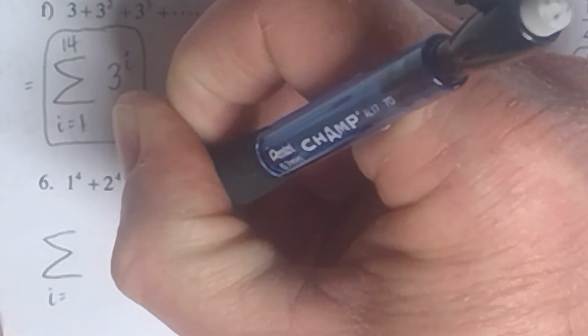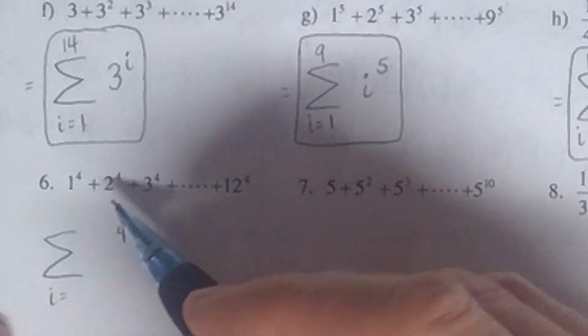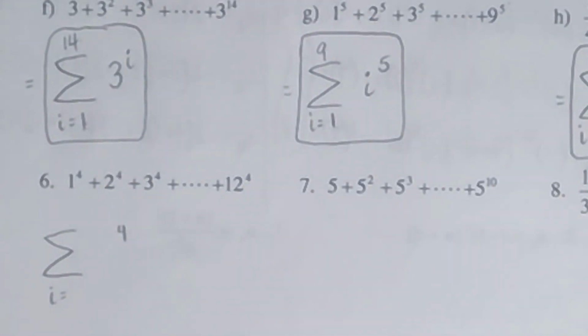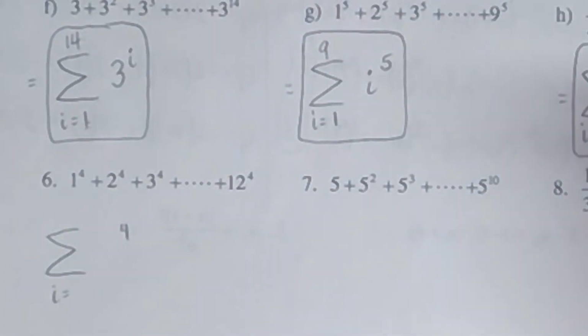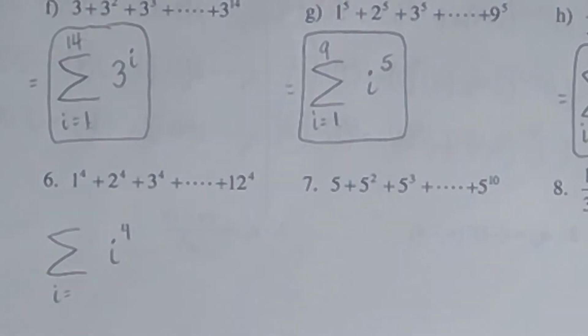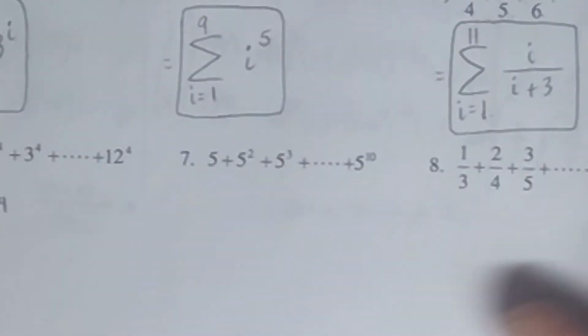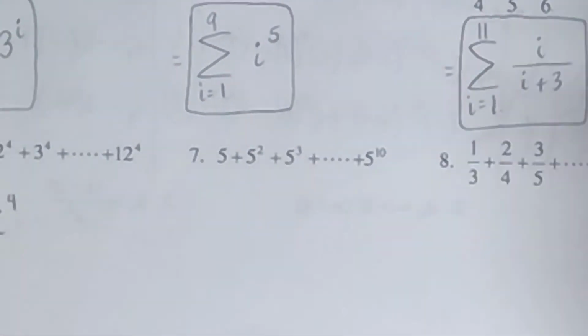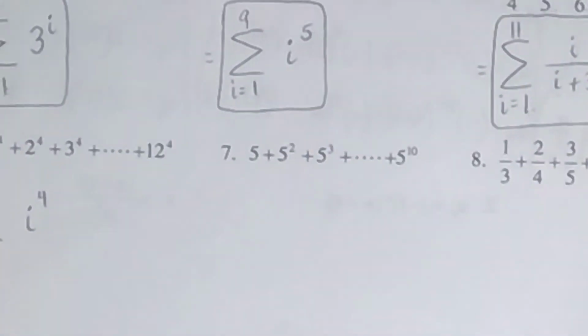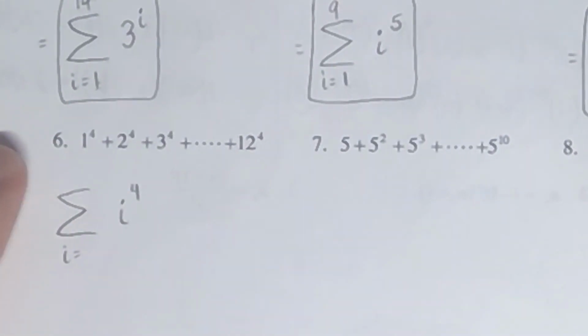Since the exponent stays the same, that's going to be a constant number, 4, so put a 4 for the exponent. Since the base changes, I'm going to put a variable right there. I'll choose I. It doesn't always have to be exactly I. As we found out with the denominator in problem H, sometimes it's slightly different than I, like I plus something. But more often than not, it's I, so try that first to see if it works.